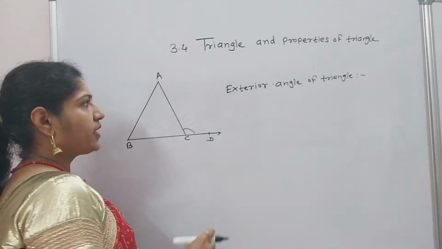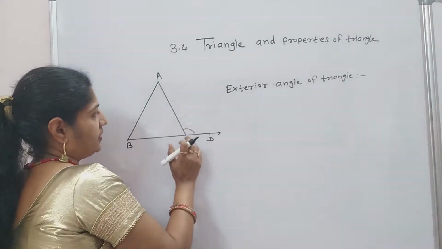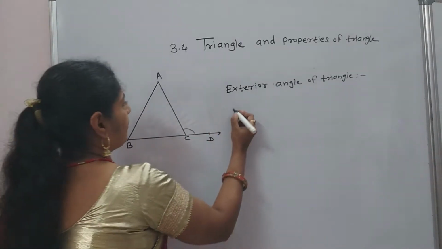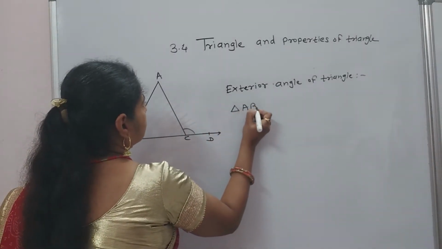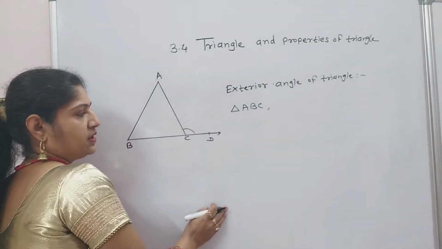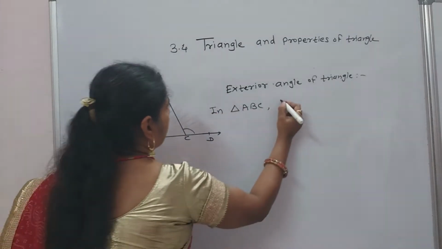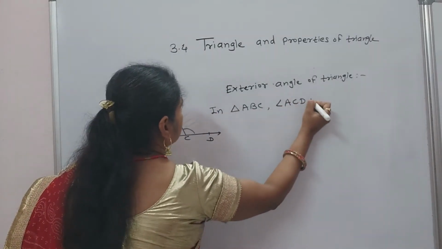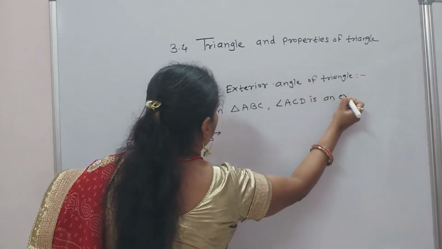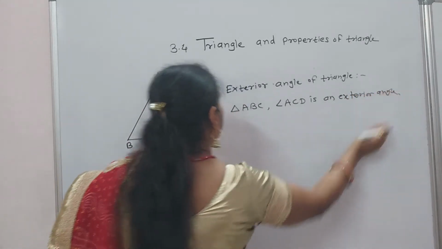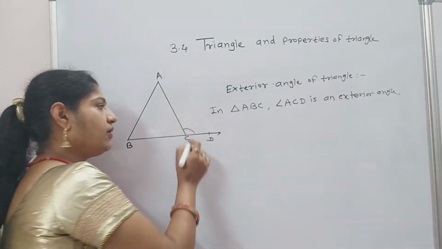Now properties of triangle. Exterior angle. ACD is the exterior angle of triangle ABC. In triangle ABC, angle ACD is an exterior angle. Now, what is meant by exterior angle?